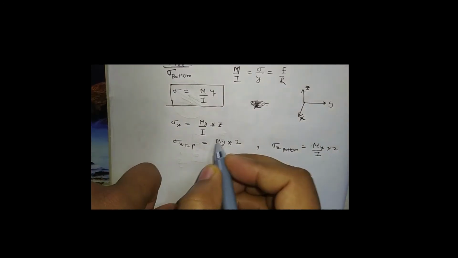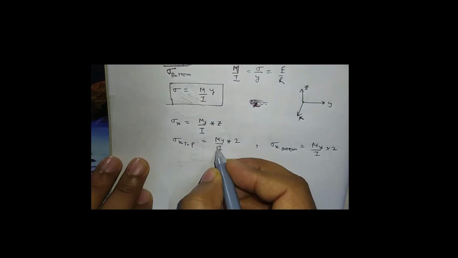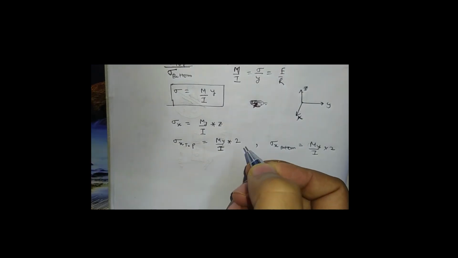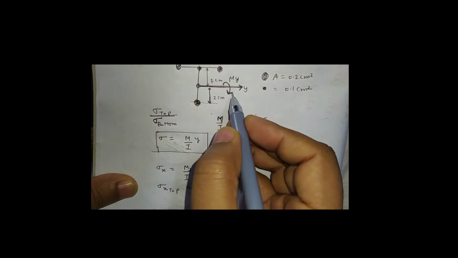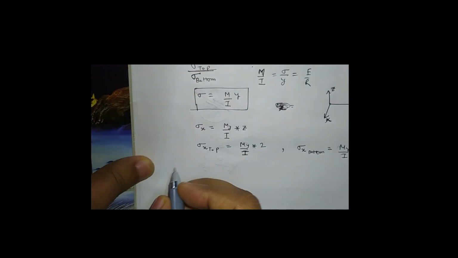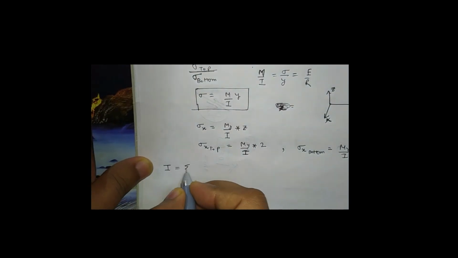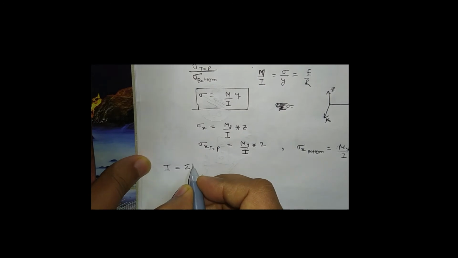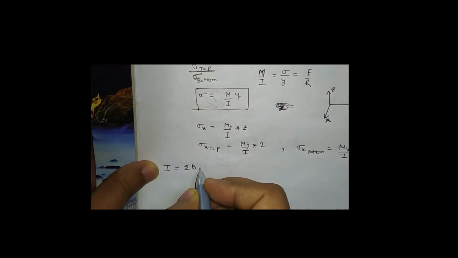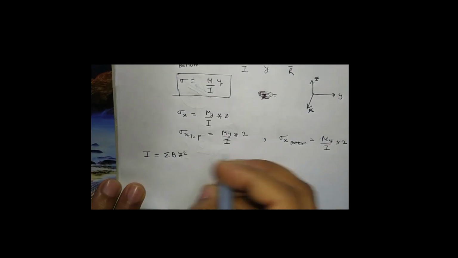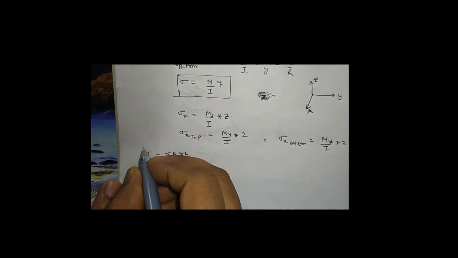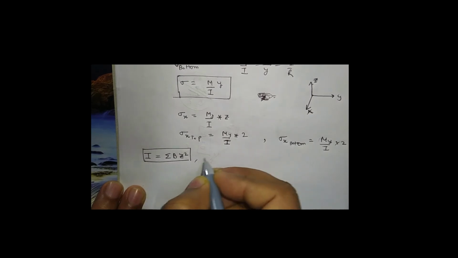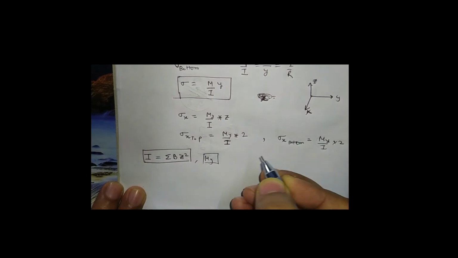The moment is the same, and the moment of inertia about the y-axis will be the same. It is equal to the sum of the boom area, denoted by B, into z squared, where z is the distance from the y-axis. This is like a constant for the section, and My is also given, which is constant.